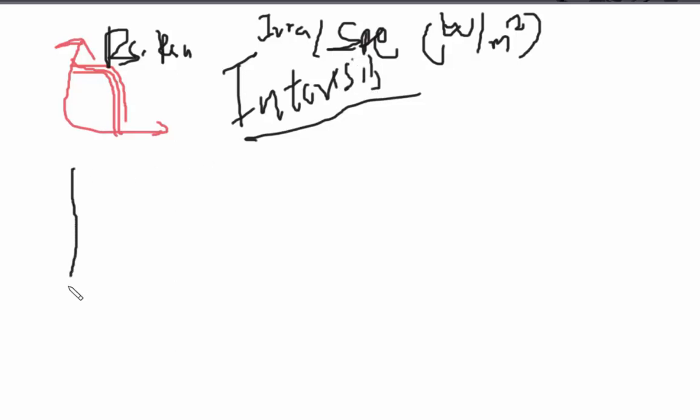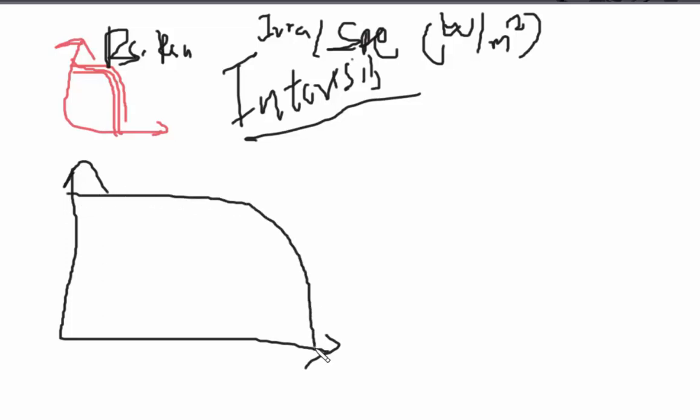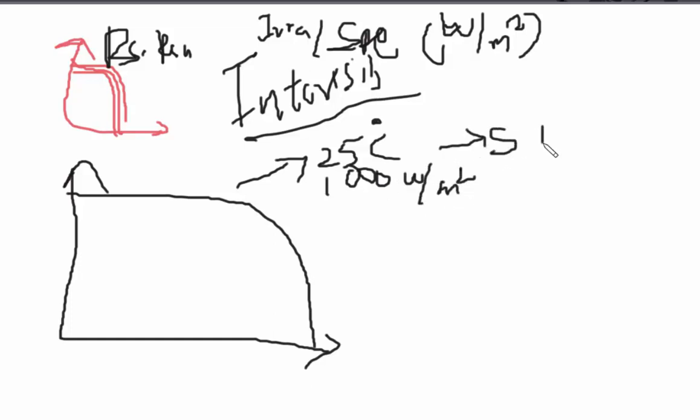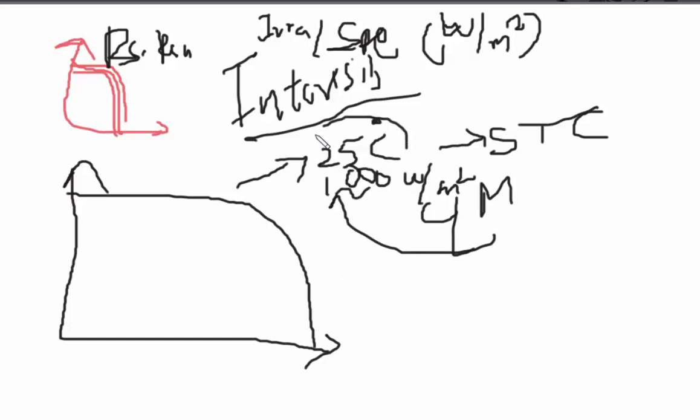Generally, if we see the IV curve of any solar cell or any solar module, it is meant to be at standard test condition, that is 25 degrees Celsius for 1000 watt per meter square. This is called standard test condition.